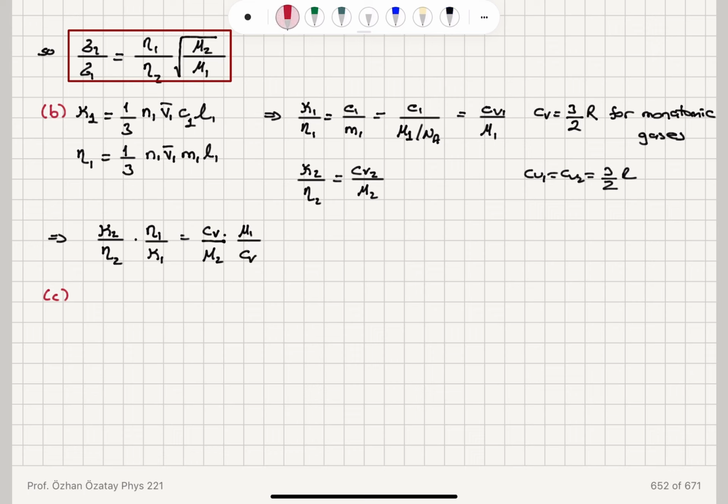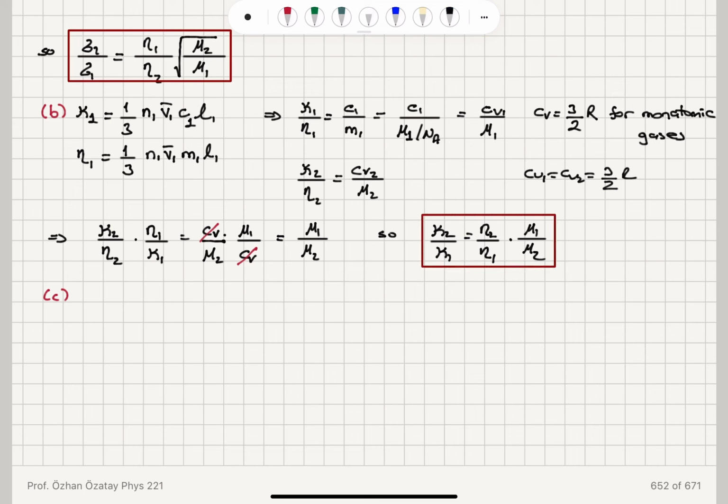They have the same CV value, so they cancel. So here I obtain the ratio mu1 over mu2. So if I isolate kappa 2 over kappa 1, this will be equal to eta 2 over eta 1. When it goes here, it will be reciprocated. Eta 2 over eta 1 multiplied by mu1 over mu2. So that's the answer to part B.